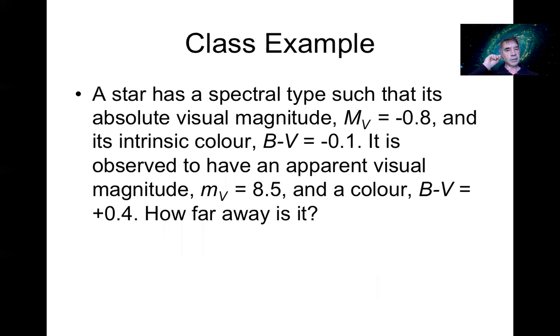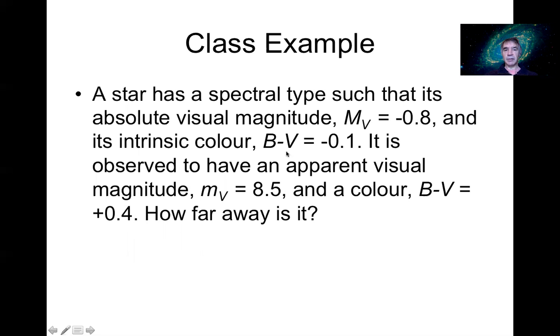Okay, so here's an example for you to put this into action. A star has been spectral typed, and it's had an estimate of its absolute magnitude and its intrinsic color, and it's got an observed apparent magnitude of this, and its observed color is plus 0.4.